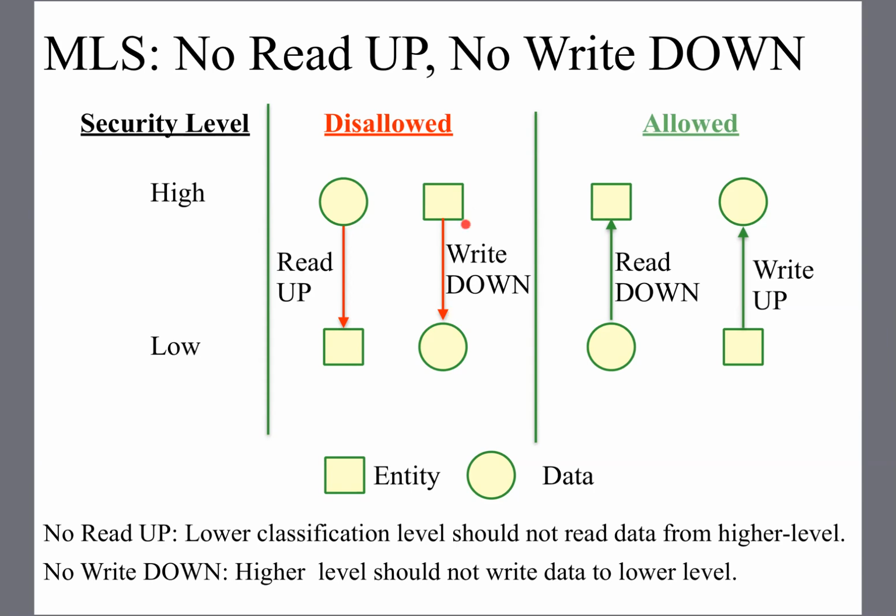You also have to ensure that the system has a no write down policy, right? It's somewhat counterintuitive, but having a high security clearance doesn't mean you're trusted. Okay, any questions, any comments?